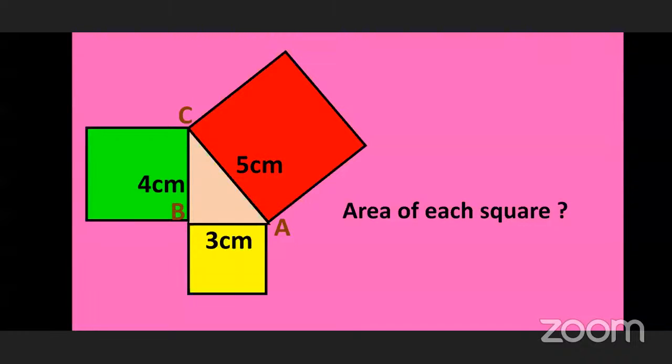Yes, the formula of area of square is side square. So, can anyone tell me what is the area of this square whose side is 5 centimeter? 25 centimeter is the correct answer, and we will also clear the answer of 10 centimeter.